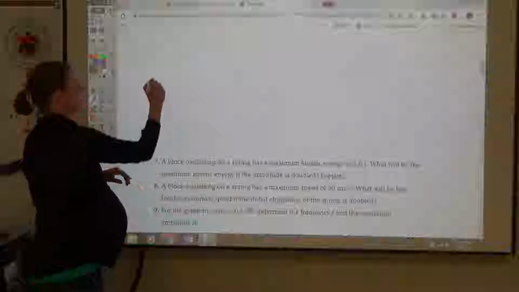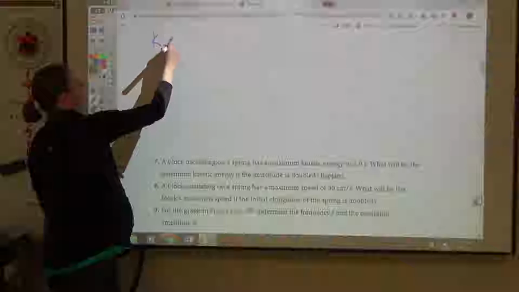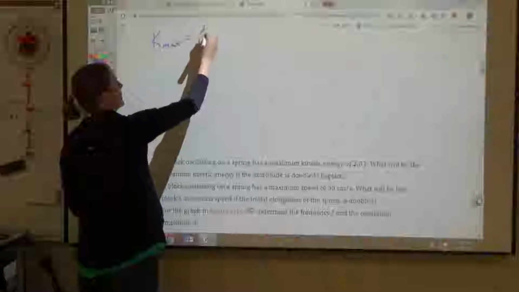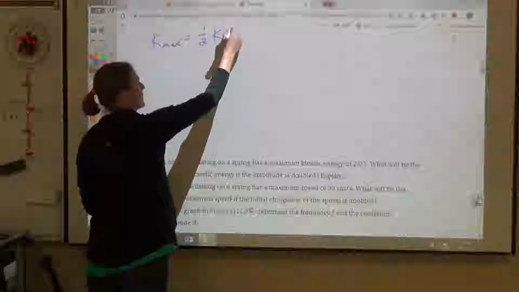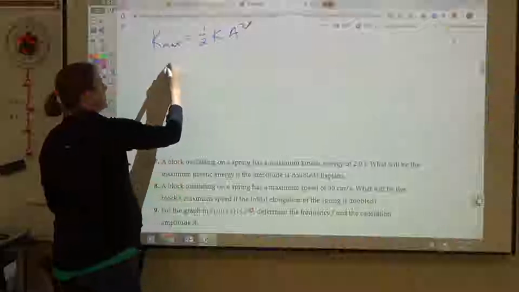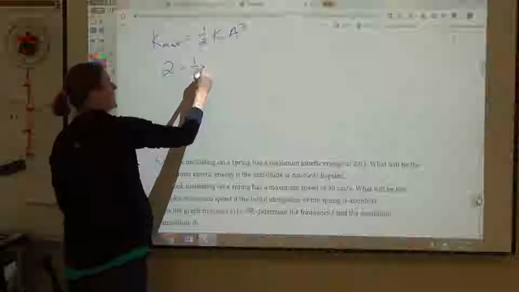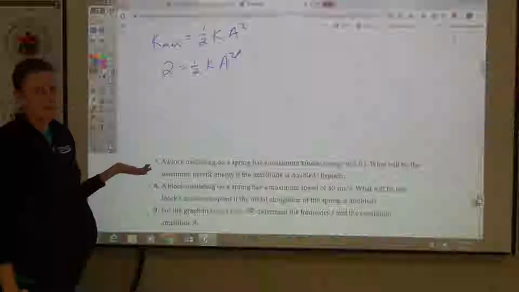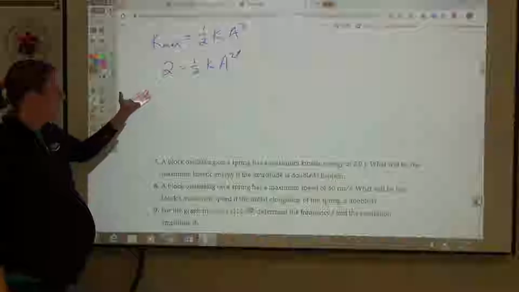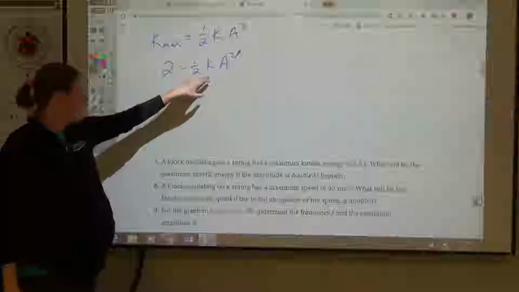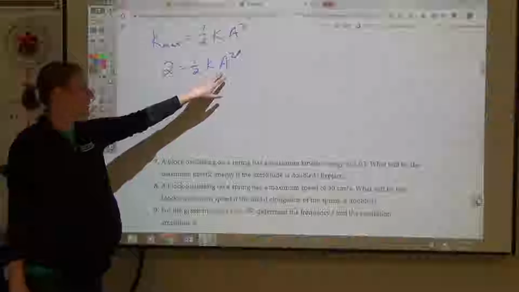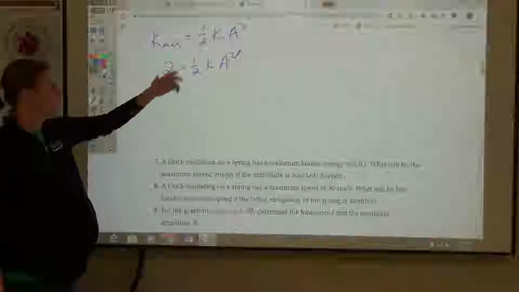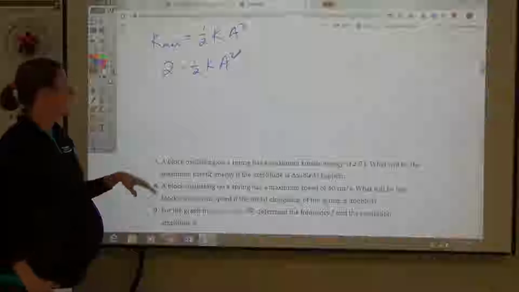So again, originally, I don't know what K is, nor do I even know what A is, but the kinetic energy is 2, and it would equal 1/2 K A squared.